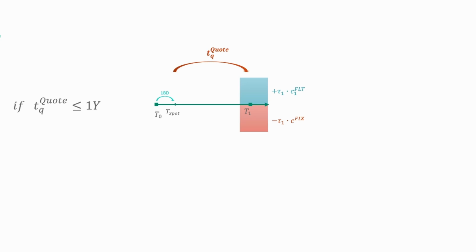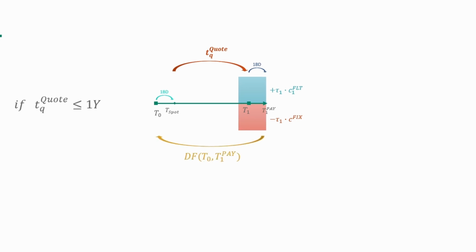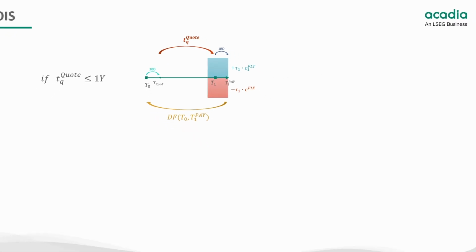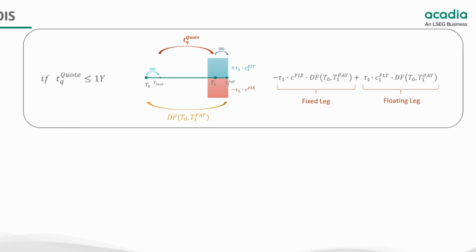What happens is, if the float rate is superior to the fixed rate, the difference is paid, and vice versa. And this is the amount which is paid at the payment date and then discounted back to T0. However, for the sake of keeping the fixed leg and the floating leg separated in the formula, we'll still show it as two separate cash flows.